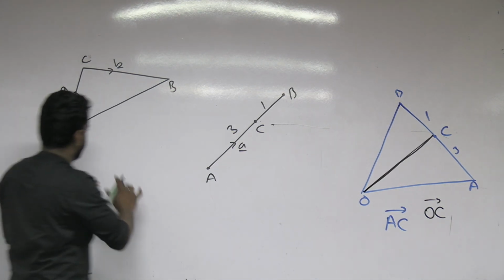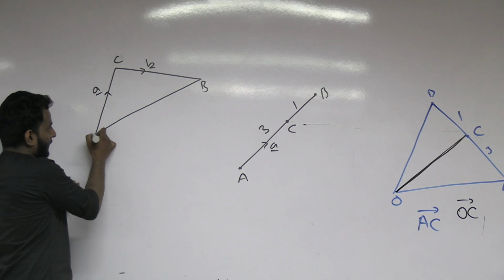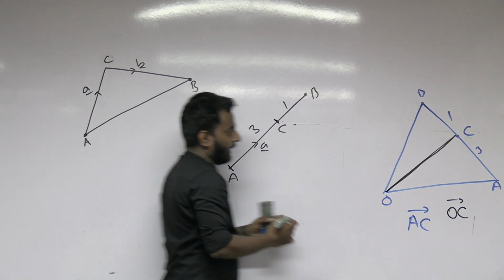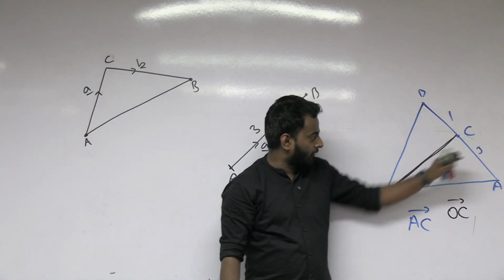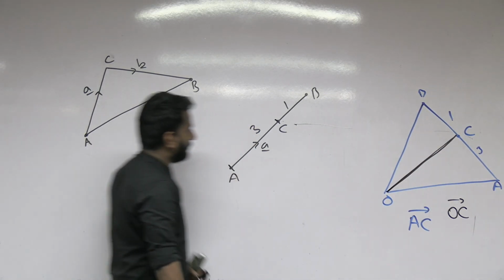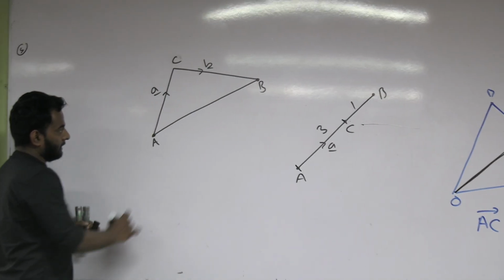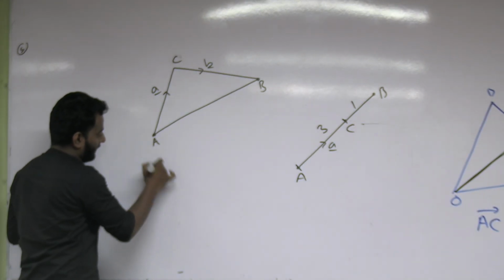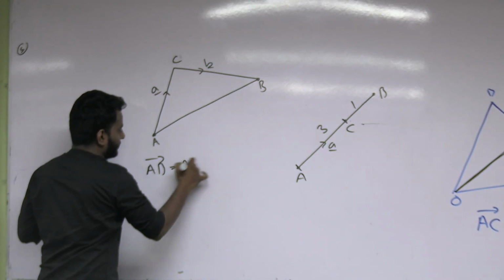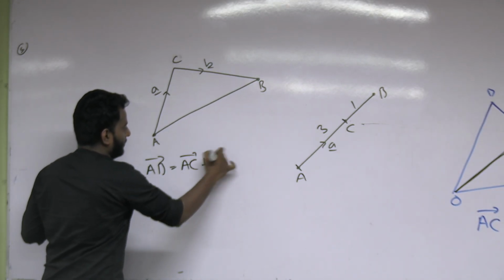So here I'm starting from the beginning. AB is a complete vector, AC is a portion of a vector, and here AC is a portion of a vector and OC is a complete vector. So if you are supposed to find a complete vector, use the method of vector addition. So you can write directly AB equals AC plus CB.